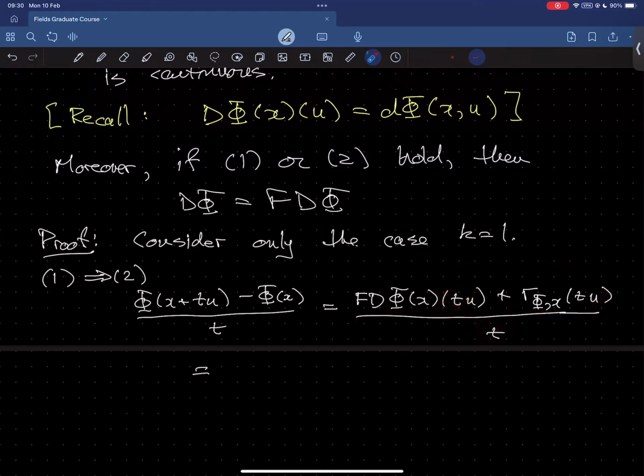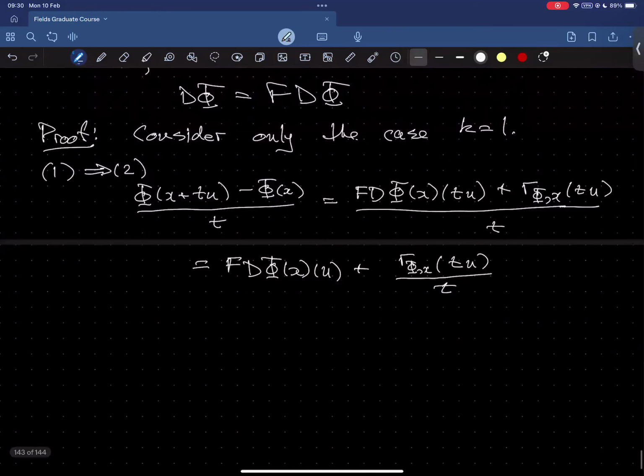So this is FD phi of x of u plus the remainder term.